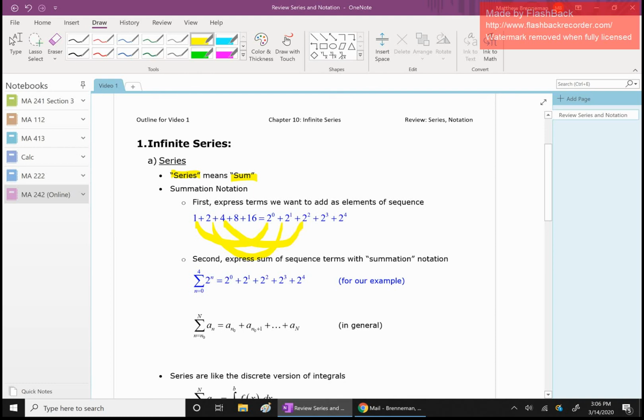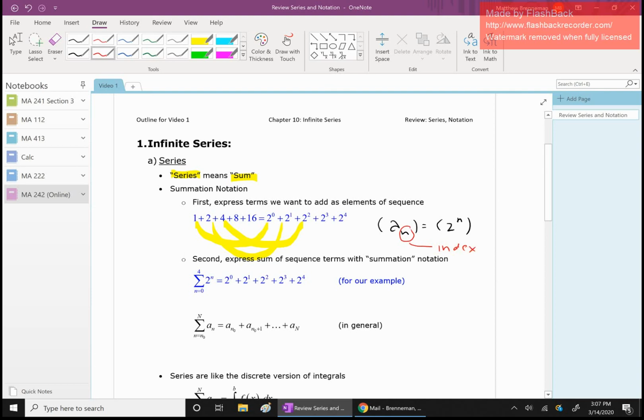In other words, I could write these elements as the sequence 2 to the n. And n here is called the index. So n is just a way of identifying what position the element has in the sequence.